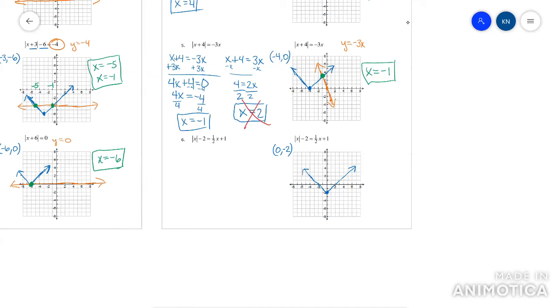Okay, and then graph this other equation, 1/2 x plus 1. So y-intercept of 1, rise 1, run 2. This one looks something like this.